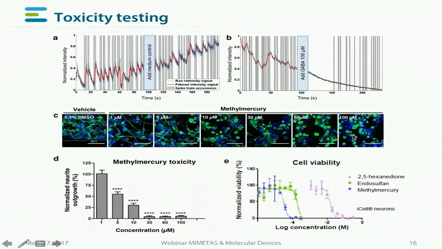This can be quantified using automated procedures, and there you get a nice graph of dose response versus the concentration of methylmercury. Or we can look at cell viability. Here with 3 canonical neurotoxicants, such as 2,5-hexanedione, endosulfan and methylmercury. And we measure cell viability using standard off-the-shelf kits.